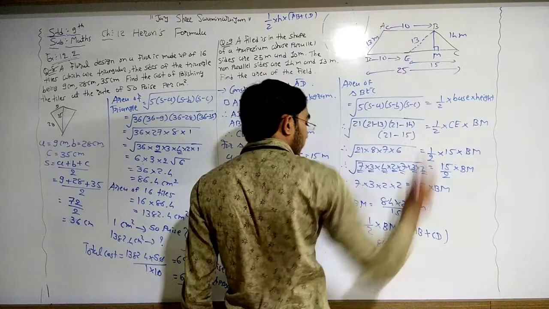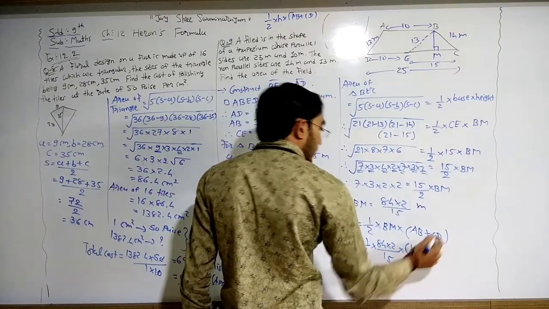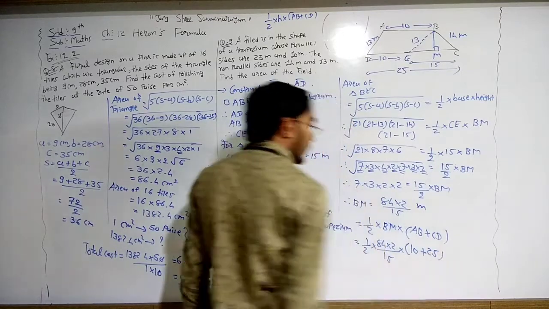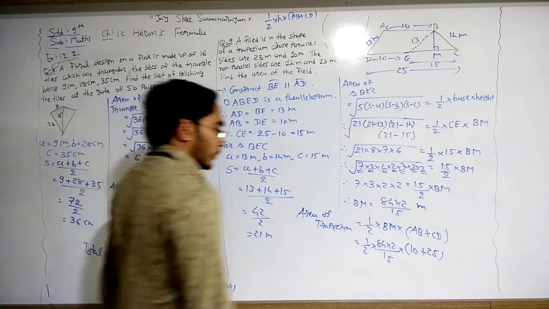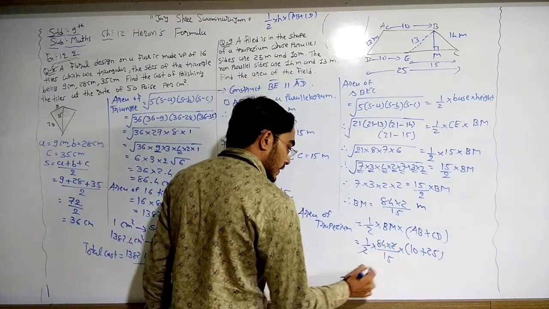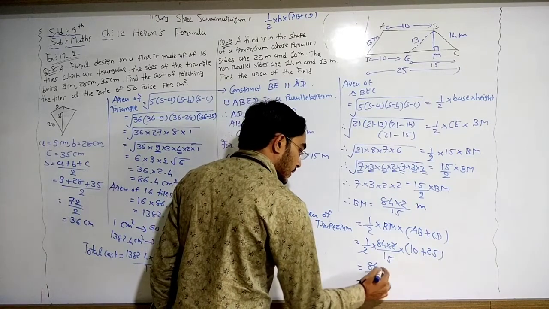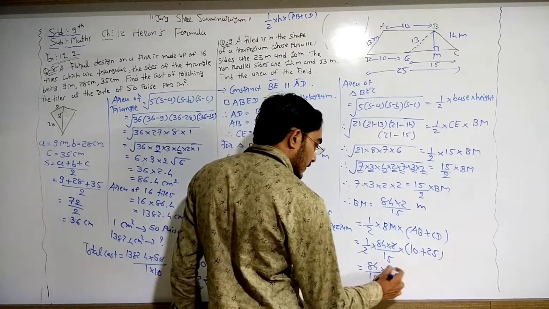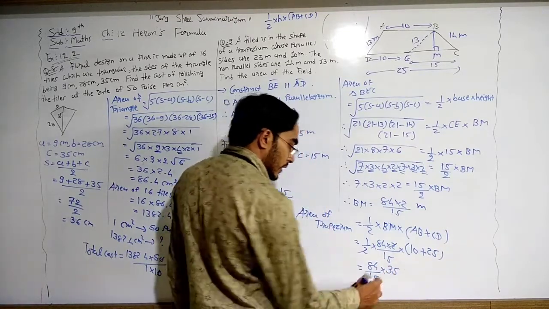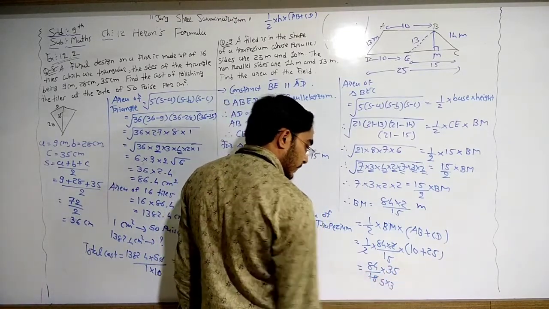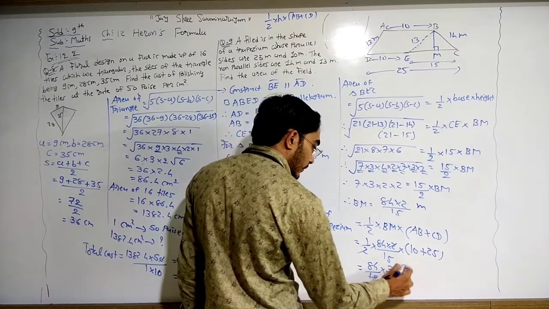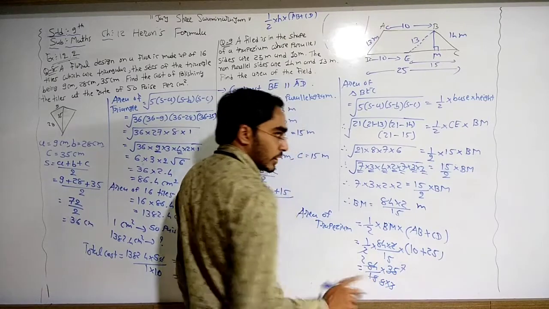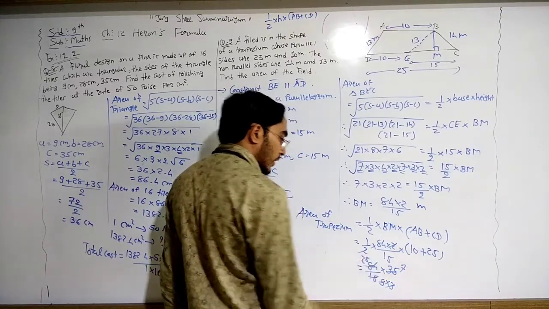And AB plus CD. AB we have 10 plus CD 25. So here the 2 cuts, 84 divided by 50 multiplied by 35, since 25 plus 10 is 35. Then 5 7s are 35, 3 2s are 6, remainder 2, 24, 3 8s are 24.